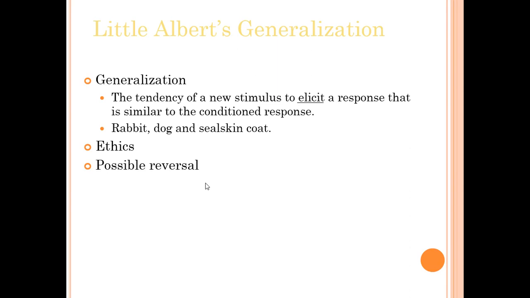Later on, we also learn that little Albert might have had a mental condition. We're not 100% sure that this is true, but people who make it their business to try to figure out things like this think that little Albert might have been a kid in a hospital who eventually died from an infection in the brain.